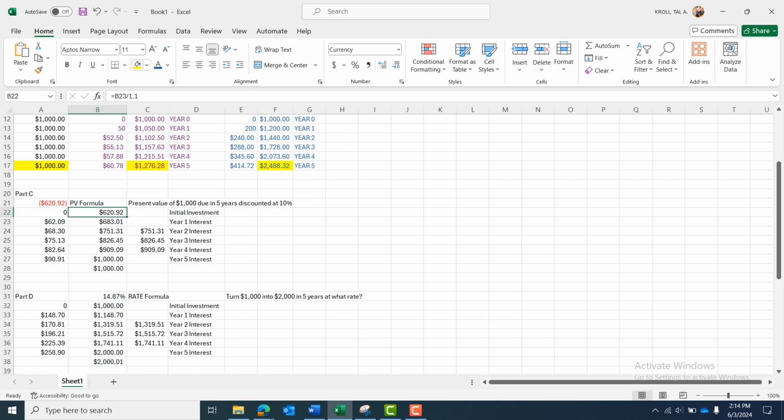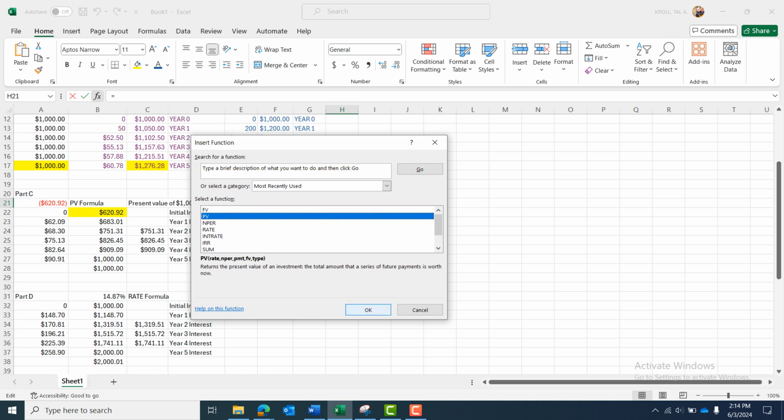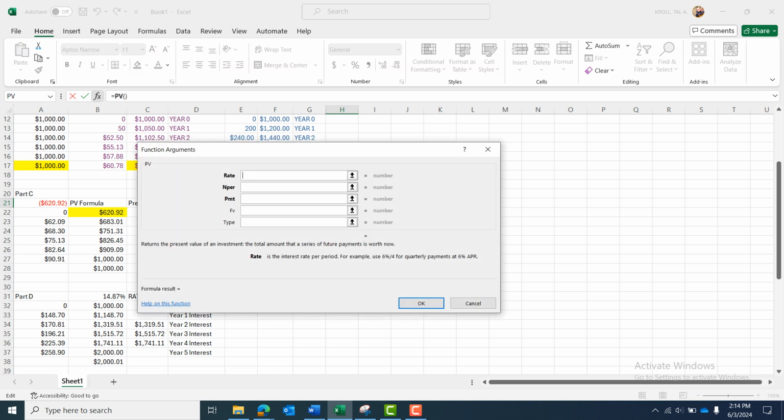This was the final answer here, but I did use the present value formula to come up with that. I'll walk you through it again. If you go up to inserting the function, this time we want to use the PV, the present value. This amount should be smaller than 1,000.